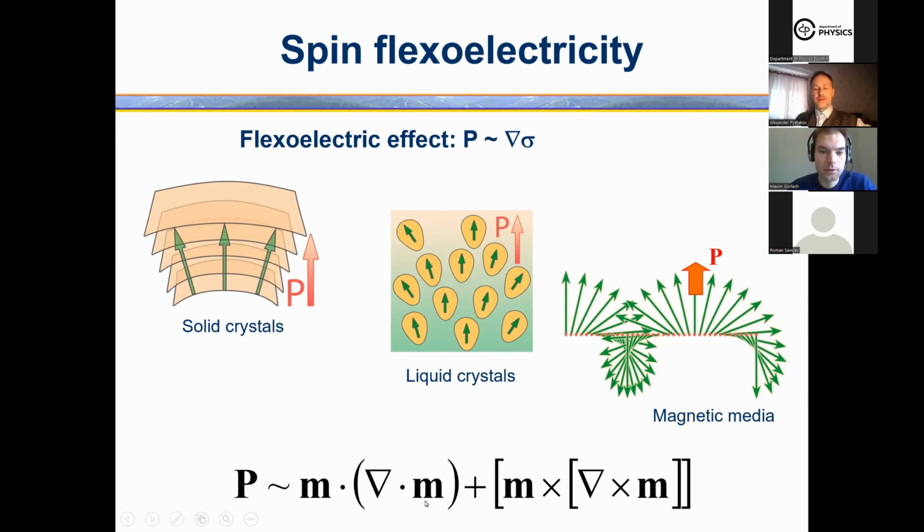But do I understand correctly that these two contributions enter probably with different coefficients, because symmetry does not restrict? As a rule, yes. This formula is for isotropic case, of course. As a rule, there should be gamma 1 and gamma 2. Thanks. And even worse, for anisotropic media, there should be some tensors, of course.